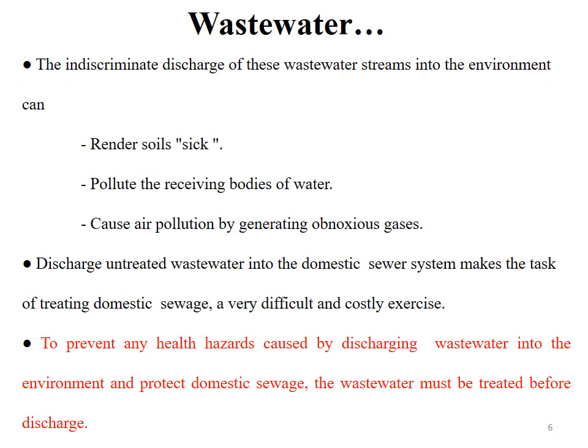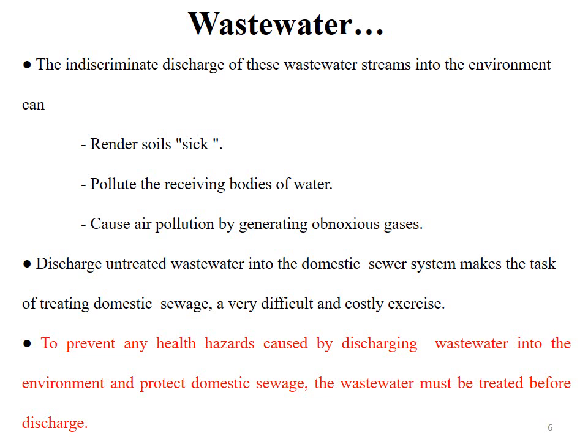The indiscriminate discharge of these wastewater streams into the environment can render soils sick. It means that it can affect the fertility of the soil as well. It can pollute the receiving bodies of water, and it can also cause air pollution by generating some obnoxious gases.